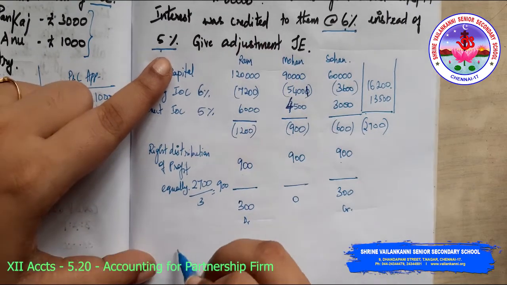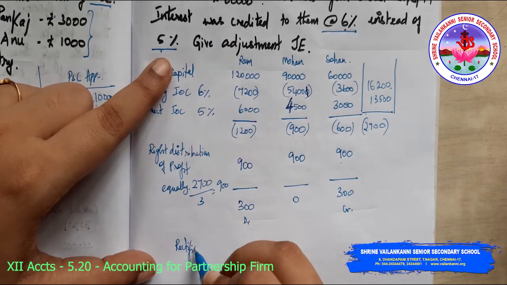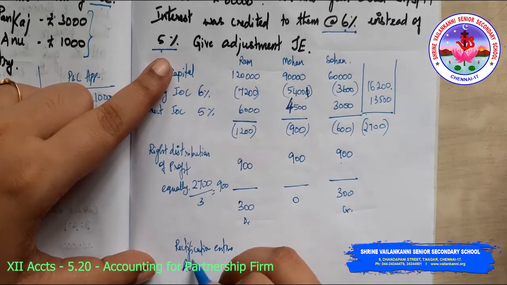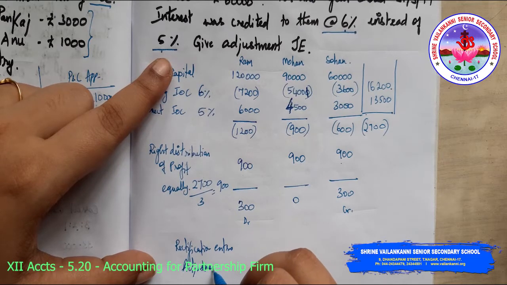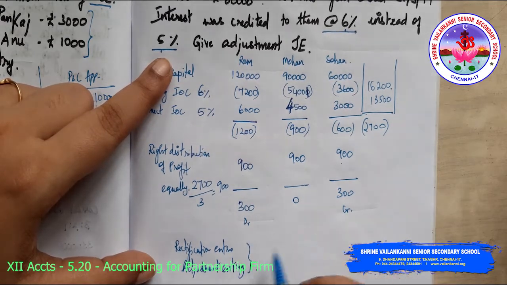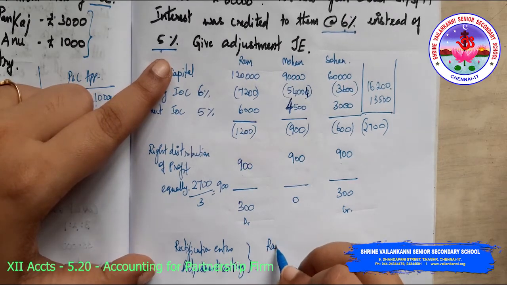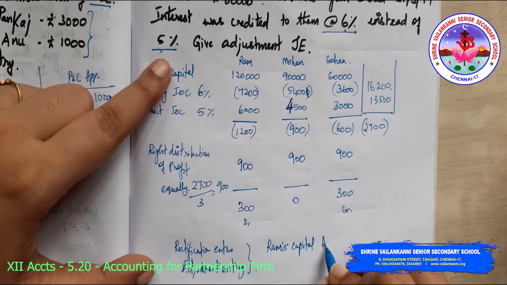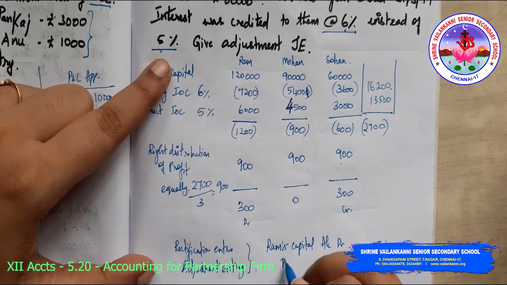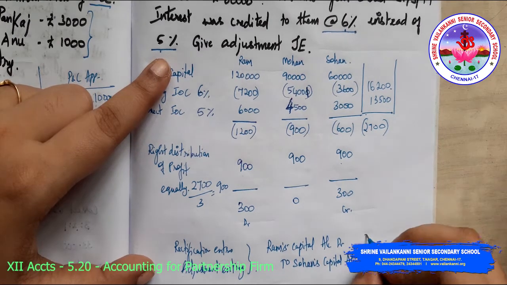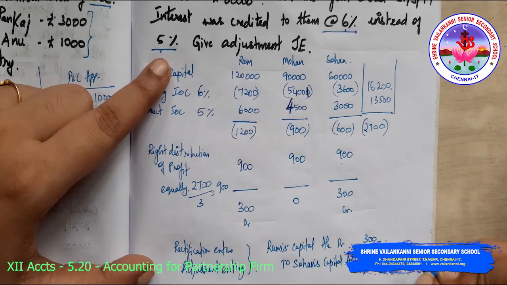So what is the rectification entry or adjustment entry? Rectification entry or adjustment entry is Ram capital account debit to Sohan's capital account 300.